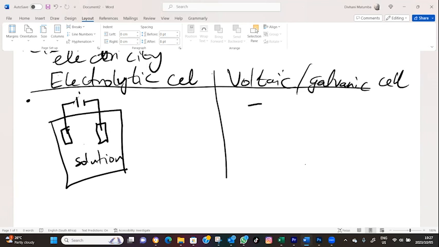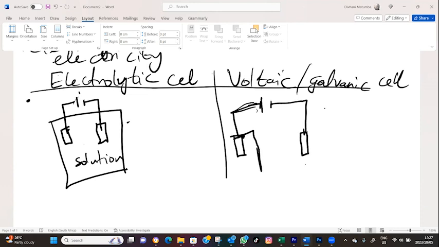Whereas with the voltaic cell, electricity is generated. This one uses electricity and this one generates electricity. They both have electrodes.